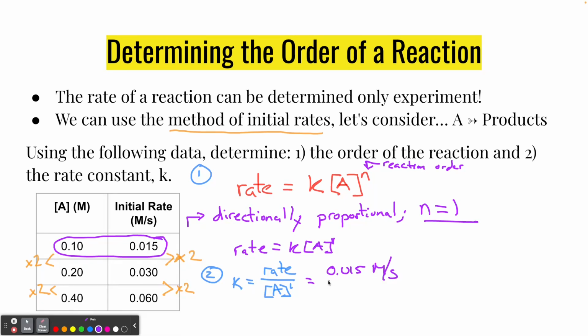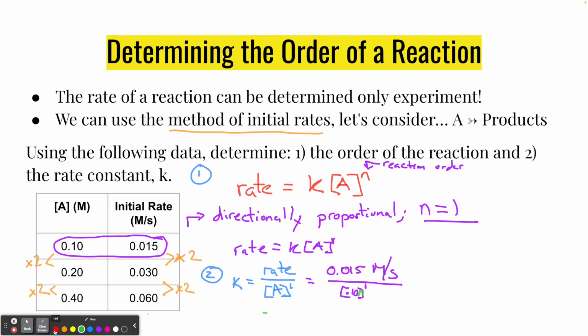And folks, it's super, super important that you have your units written now, because the rate constant k in kinetics changes dependent upon the reaction order. So keep that in mind. And then we're going to have concentration A, 0.1 raised to the first power. Don't forget the molar, like I just did. The unit for concentration is molar.